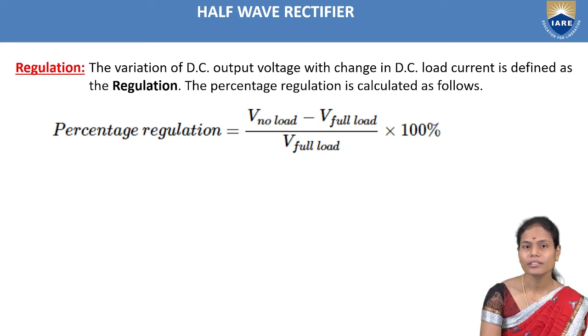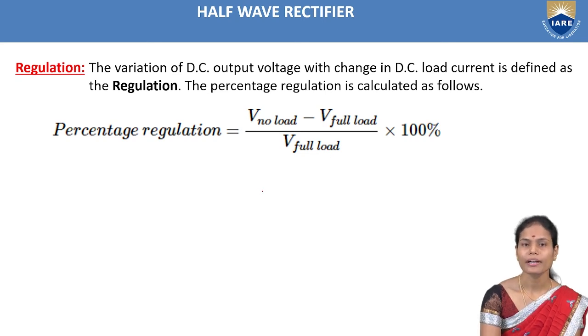So to find the regulation here, we have to take the variation in the output DC voltage with change in output load current. To find the percentage regulation, we have the formula: V no load minus V full load, divided by V full load, into 100%.